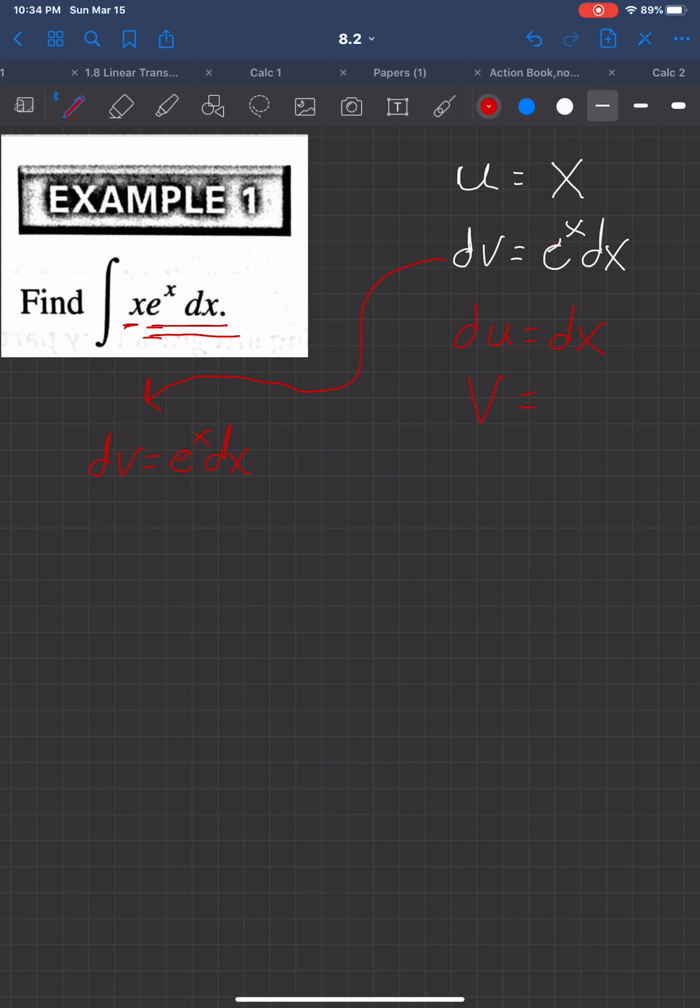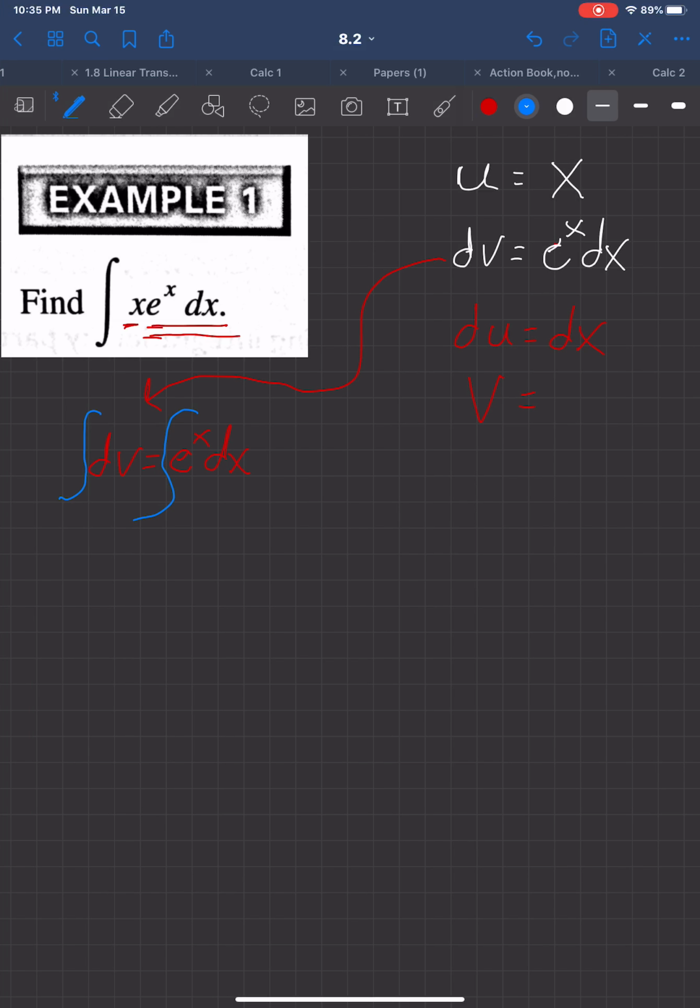Because we have dv, and if you integrate a derivative, you will return to your original function. So the way this works is we're just simply going to integrate both sides.